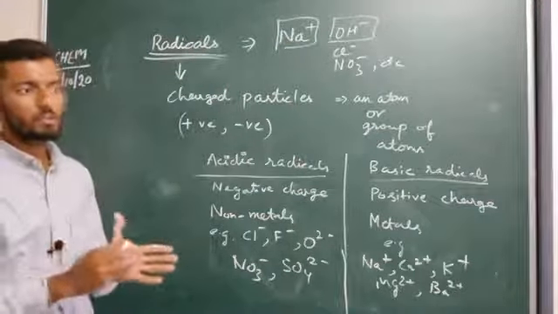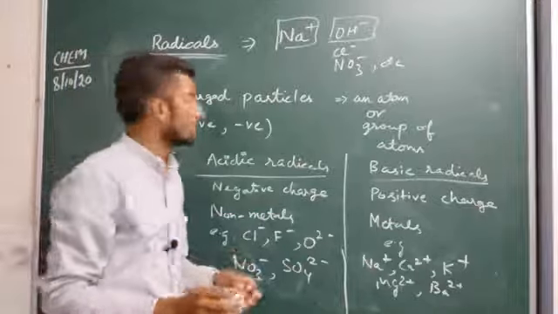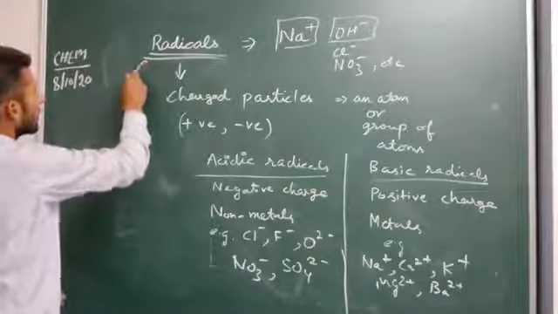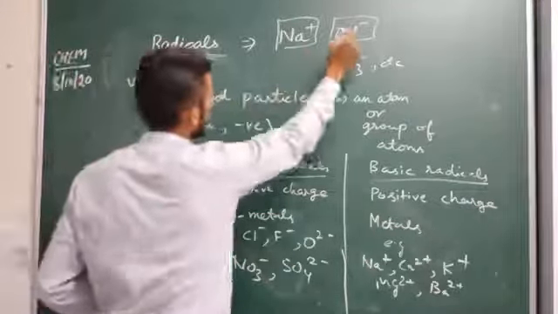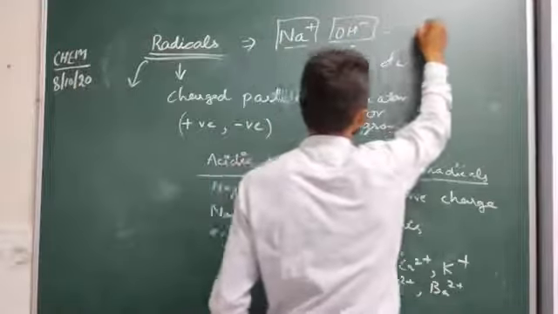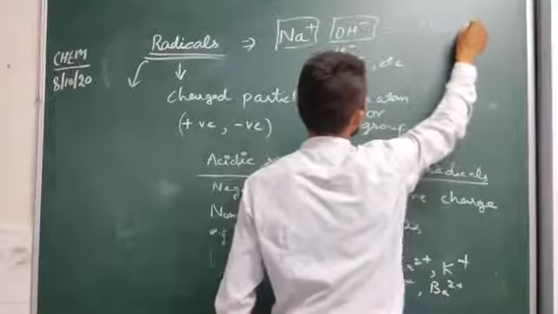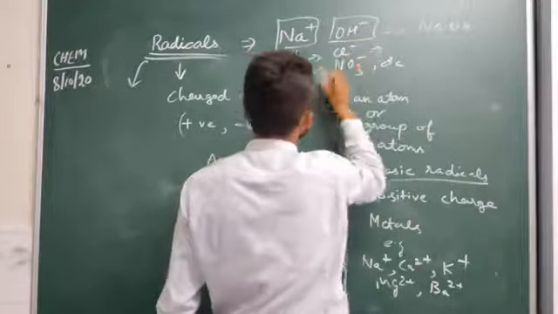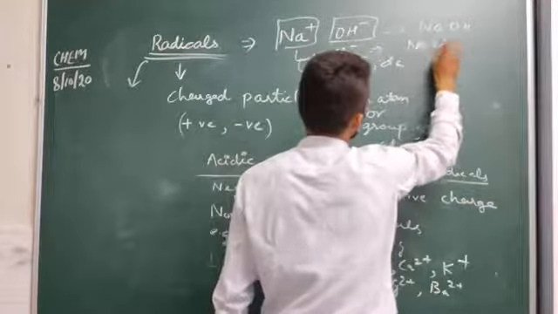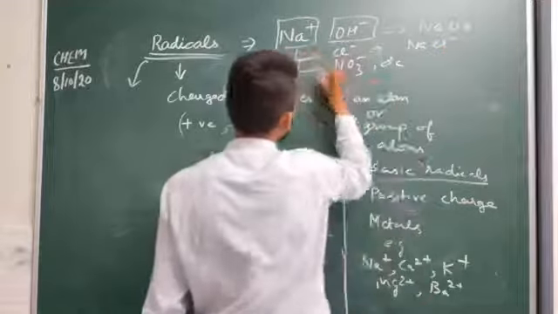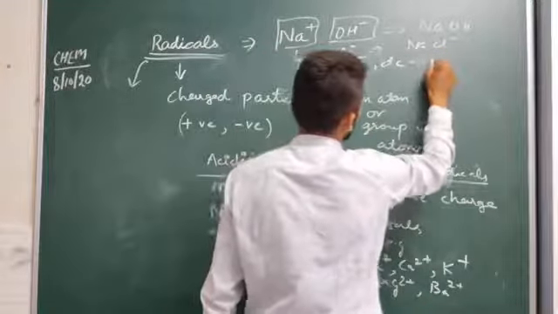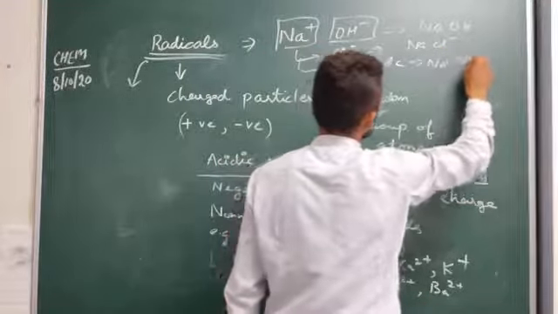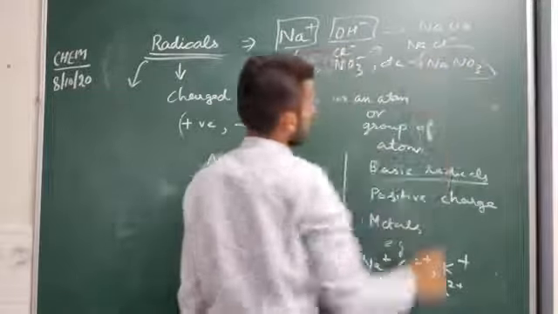Clear? And whenever radicals combine, there is formation of a new compound. Like when Na combines with OH, there is formation of NaOH. When Na combines with Cl negative, there is formation of NaCl, and when Na positive combines with NO3 negative, there is formation of NaNO3.